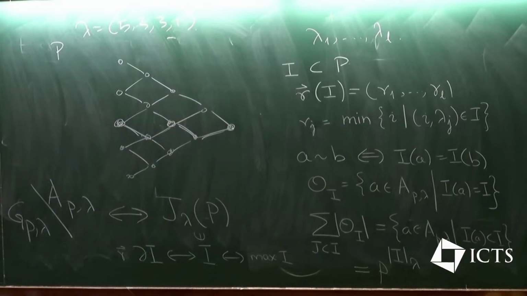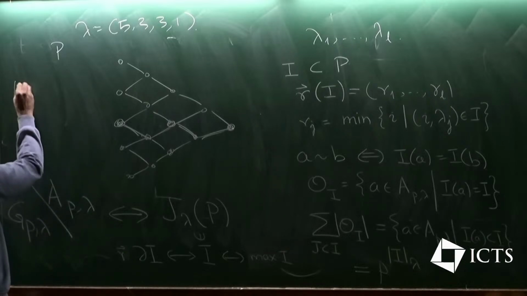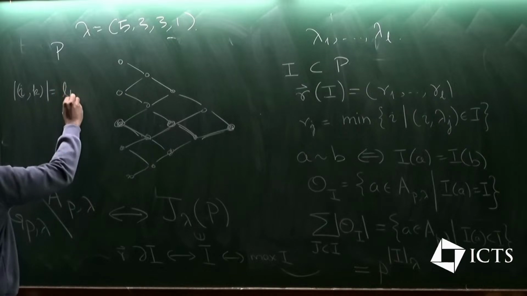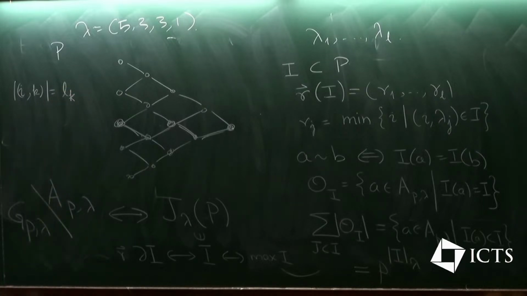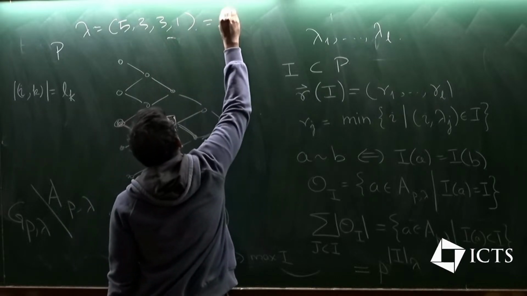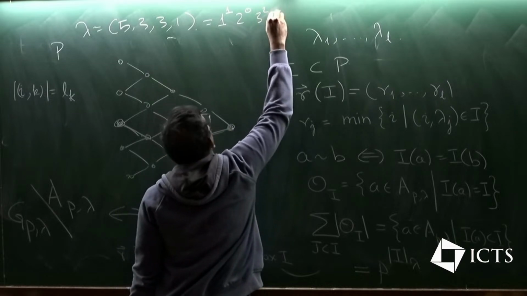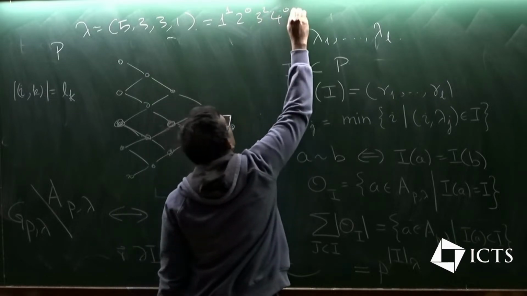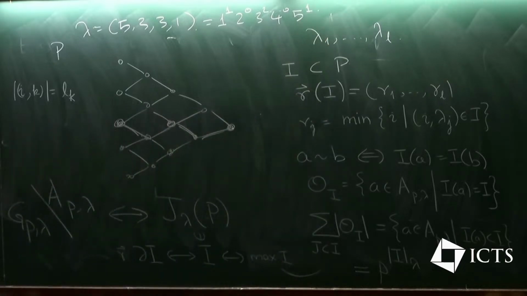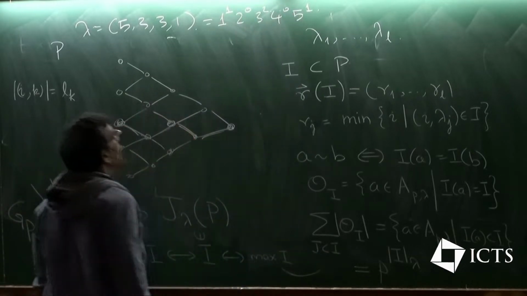Then you give every point in the fundamental lattice a weight. You define the weight of (i, k) to just be the number of times k occurs in the partition 5, 3, 3, 1. So I'll think of this as 1 to the 1, 2 to the 0, 3 to the power 2, 4 to the power 0, 5 to the power 1. So these are the L numbers 1, 0, 2, 0, 1.